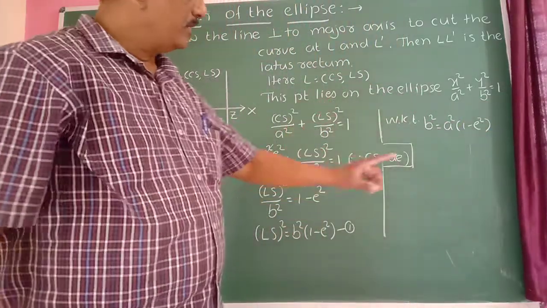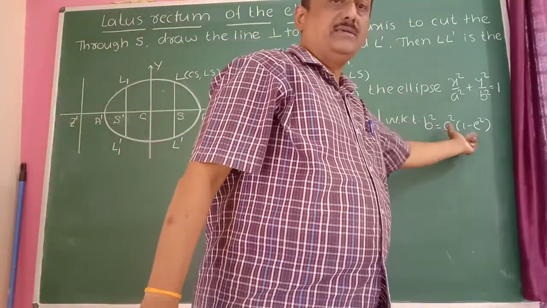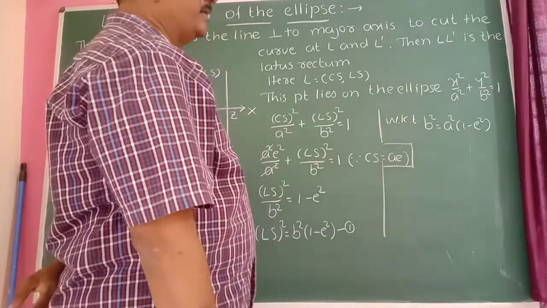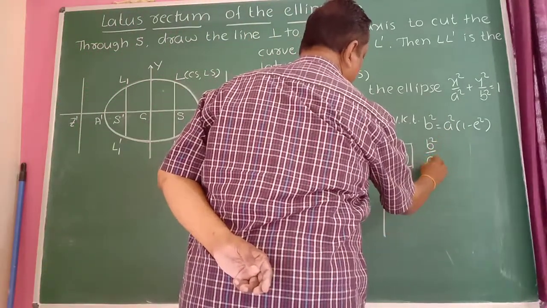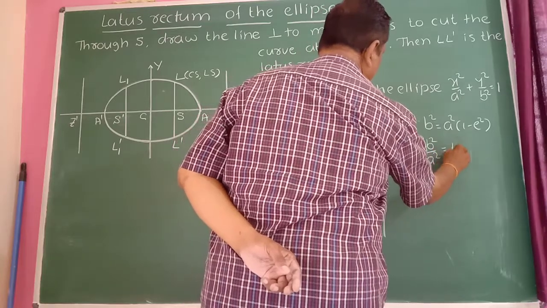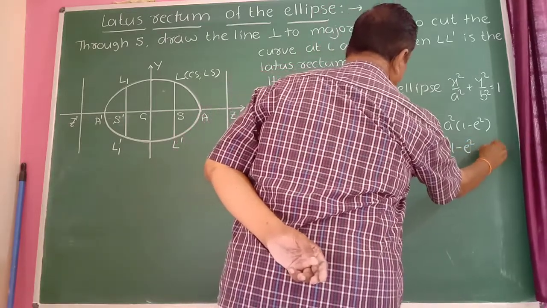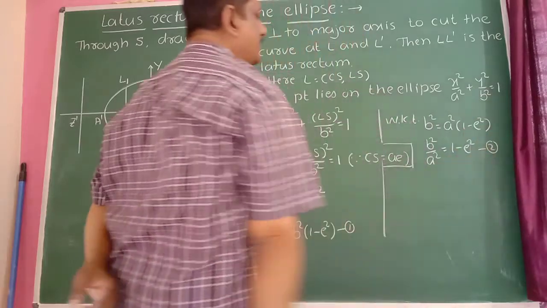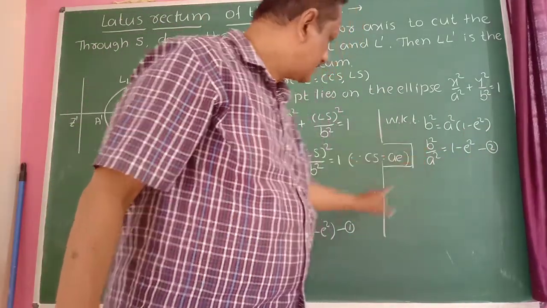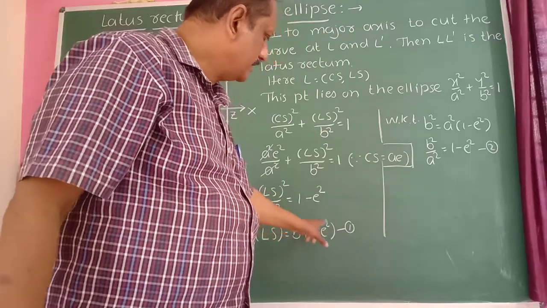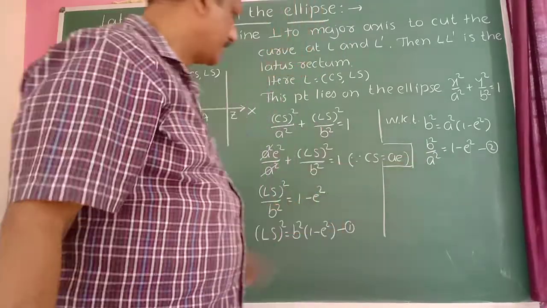Cross multiplying, b square divided by a square is equal to 1 minus e square. Take this as equation number 2. Use 1 minus e square is equal to b square by a square; just replace this term by b square by a square.